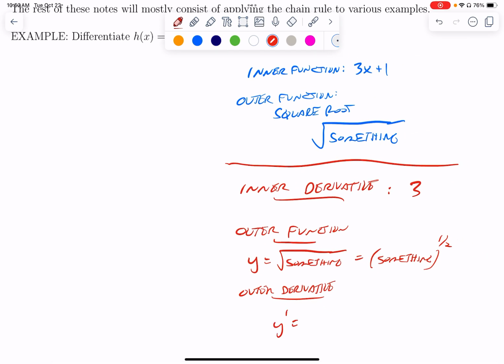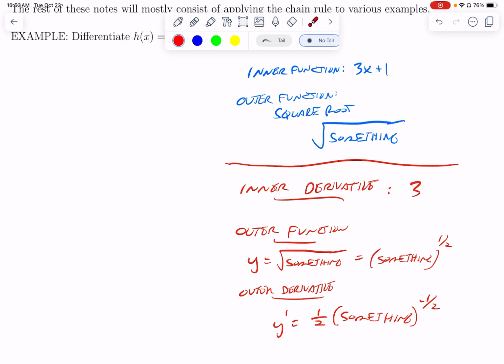I would think the derivative of something to the 1/2 power is 1/2 of something to the negative 1/2. I'm avoiding using the variable name x or any specifics. I'm really just focusing on this pattern. If my variable was called x and I'm doing this with x to the 1/2, this is the pattern for the derivative.